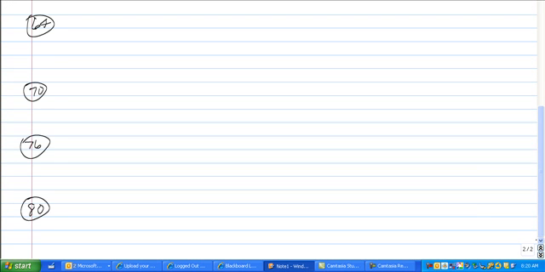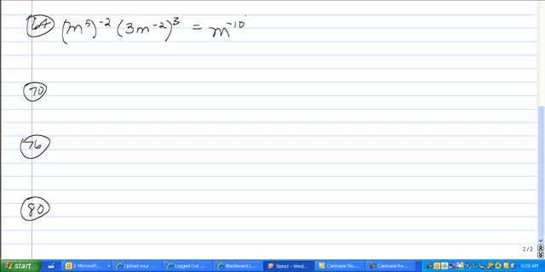Okay, moving on to number 64, we have m to the 5th raised to the negative 2 times 3m to the negative 2 cubed. Now in this case we have exponents outside the parentheses, so we need to simplify those exponents outside. So m to the 5th raised to the negative 2 would be m to the negative 10.